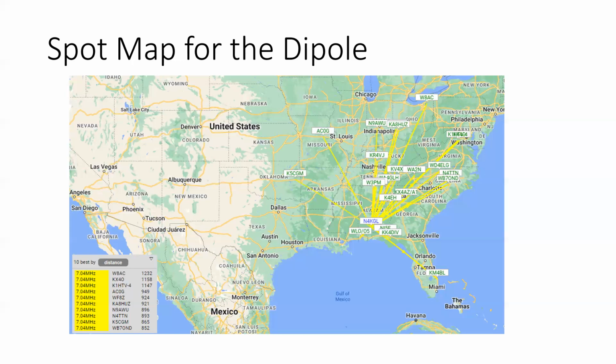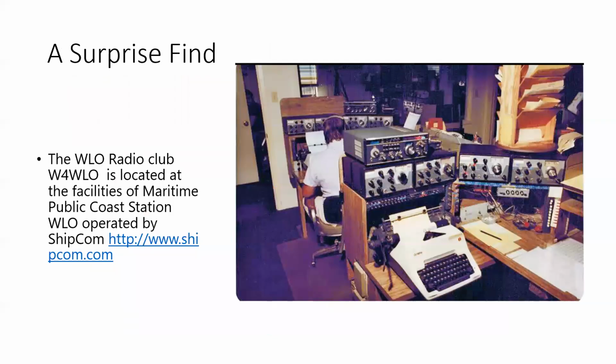And it was good for NVIS. All right. So I was most interested in the stations nearby. We got some data on that. Well, that WLO intrigued me, and I believe I've traced it back to WLO, which I'm sure has a very long history.